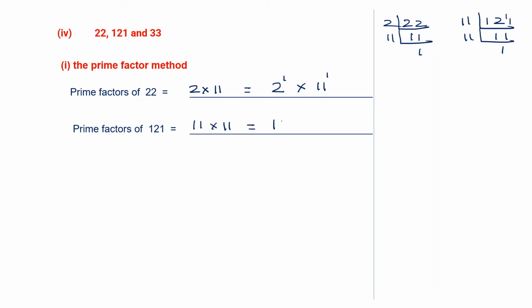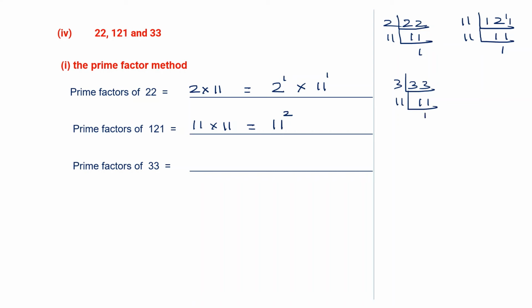We have 11 raised to the power of 2. Now let's go on to the prime factors of 33. I can divide this by 3. 3 elevens are 33. Then 11 ones are 11. So the prime factors of 33 are 3 into 11, which is 3 raised to the power of 1 into 11 raised to the power of 1.